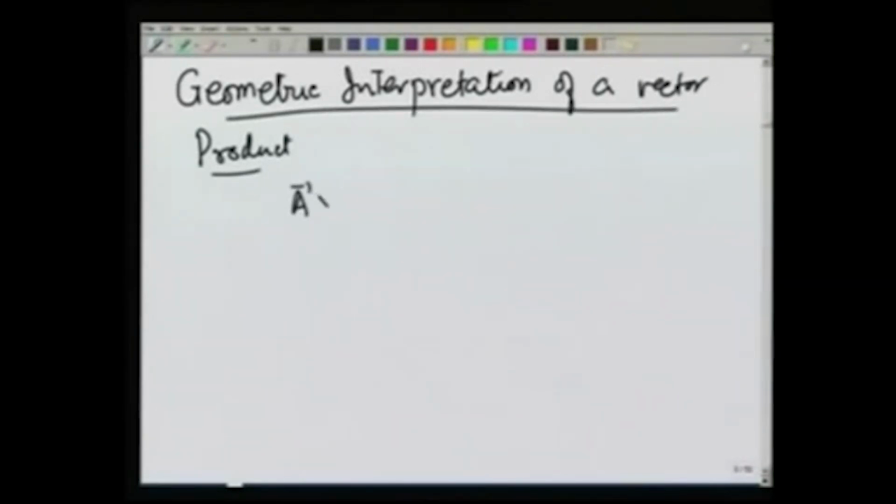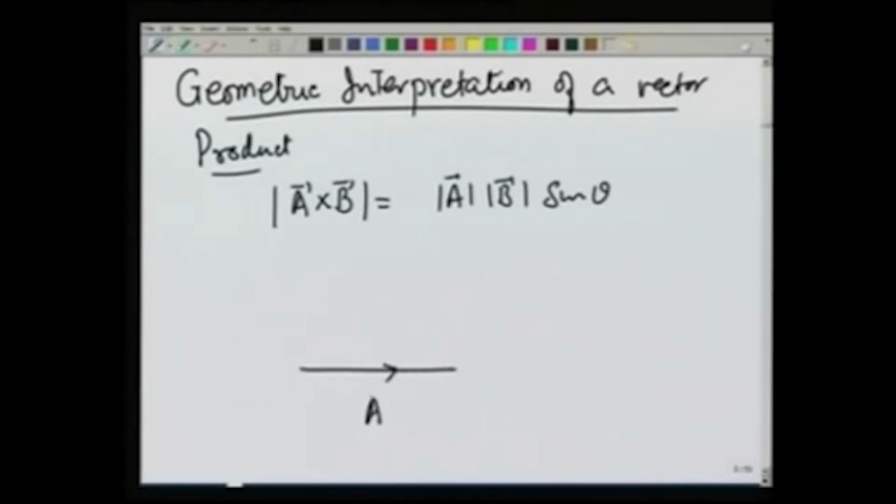A cross B, magnitude is nothing but magnitude of A times magnitude of B times sine of theta, where theta is the angle between them. So, if there is a vector A and there is a vector B, and the angle between them is theta, you can see that magnitude of A cross B is nothing but A times B sin theta. This is B magnitude. So, this is B sin theta.